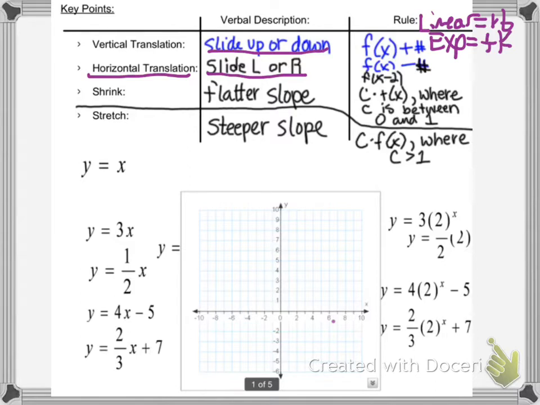We know that exponential, what we've been talking about here lately, is f of x equals a b to the x minus h. f of x equals a b to the x minus h.